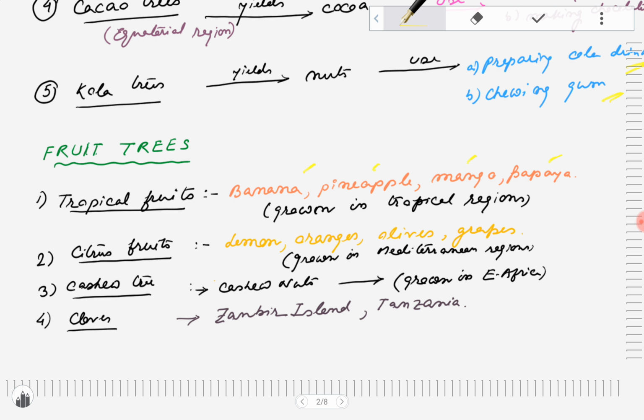Citrus fruits are grown in the Mediterranean region, and these are lemons, oranges, olives, and grapes. The cashew trees give cashew nuts, and these are grown in East Africa, and cloves in Zanzibar Island and Tanzania.